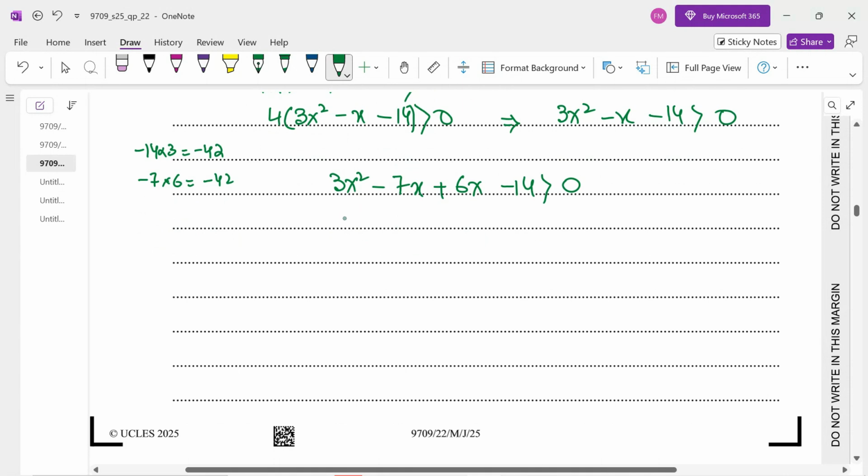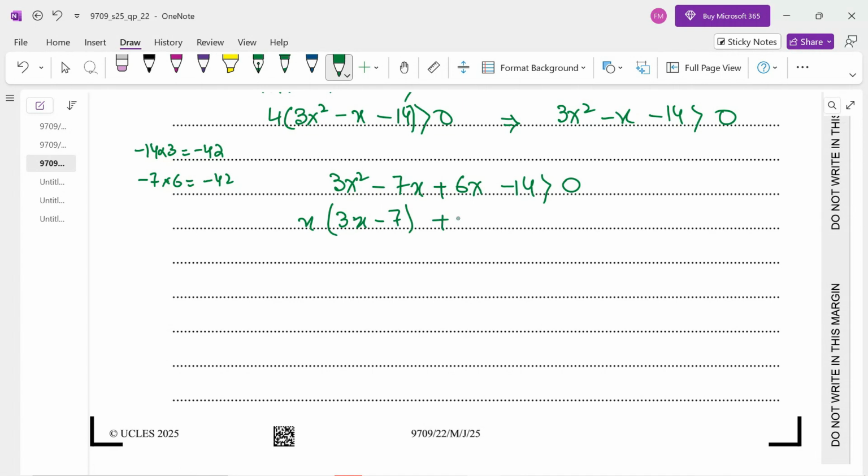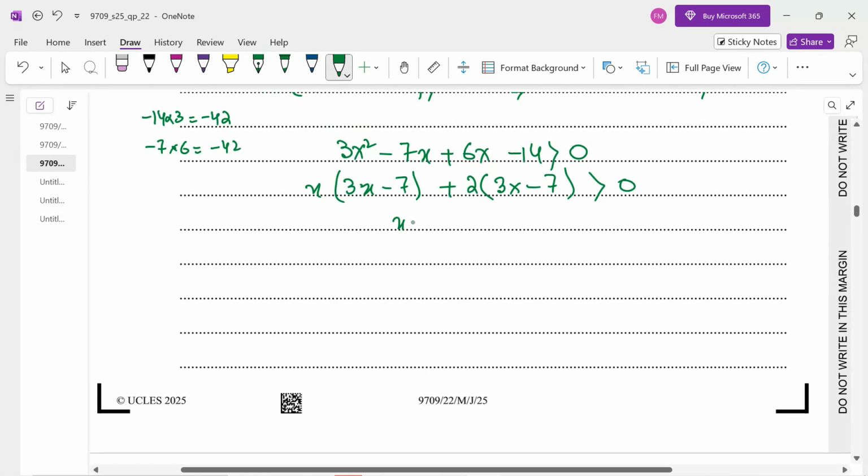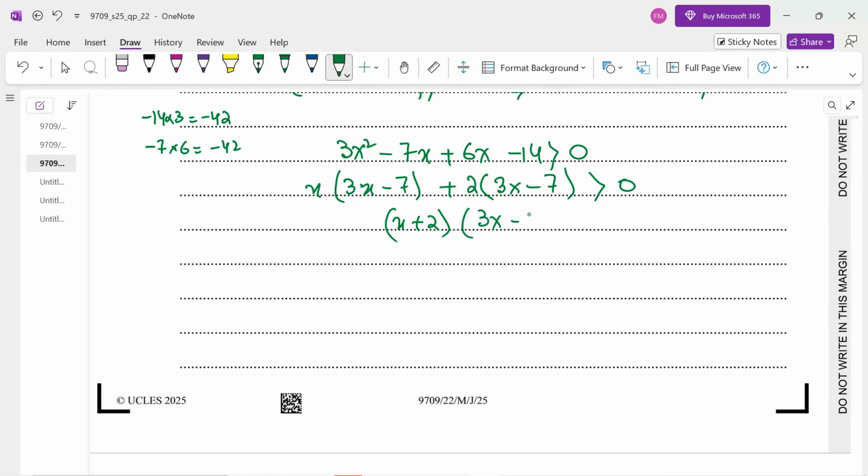So 3x will be common, giving 3x minus 7, and on the other side 2 common, 3x minus 7 is greater than 0. So we will have x plus 2 and 3x minus 7 greater than 0.